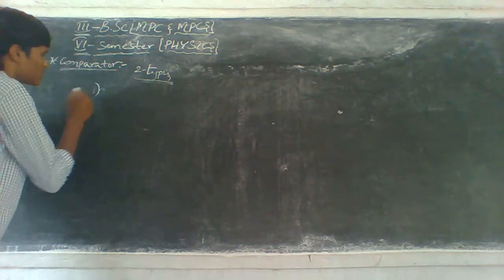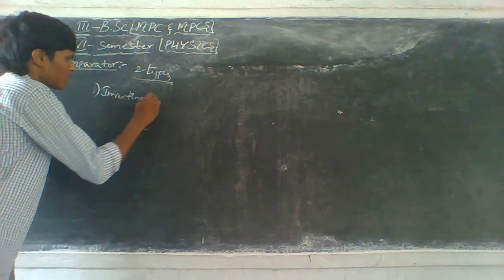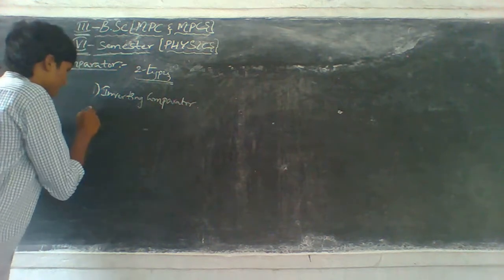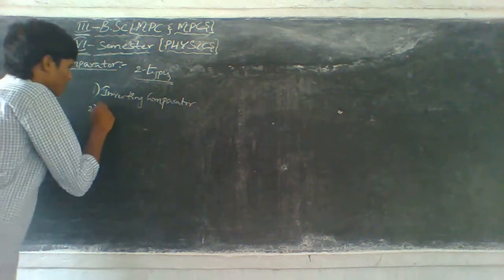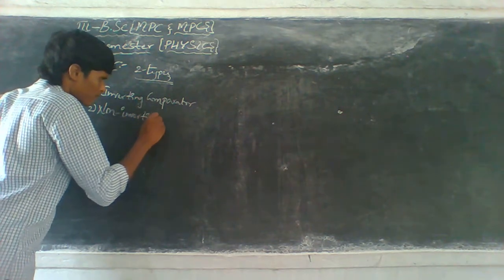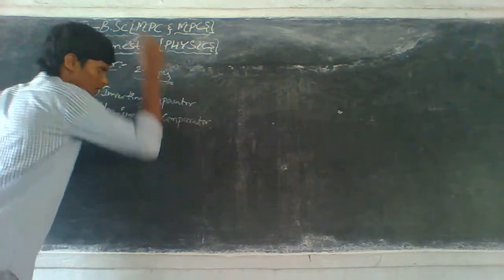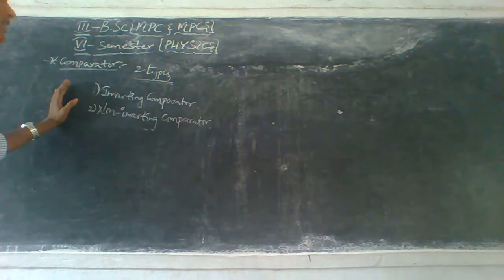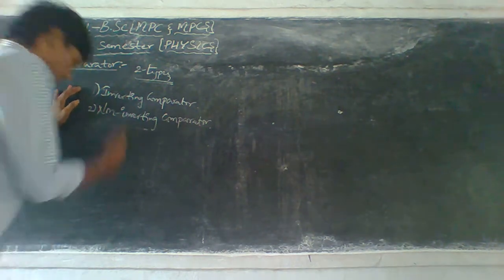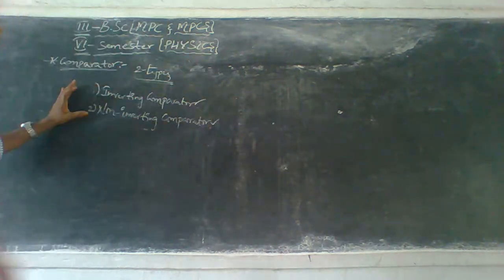So the first one is the inverting comparator, and the other one is the non-inverting comparator. Okay, so here the comparator is divided into two types: the inverting comparator and the non-inverting comparator.